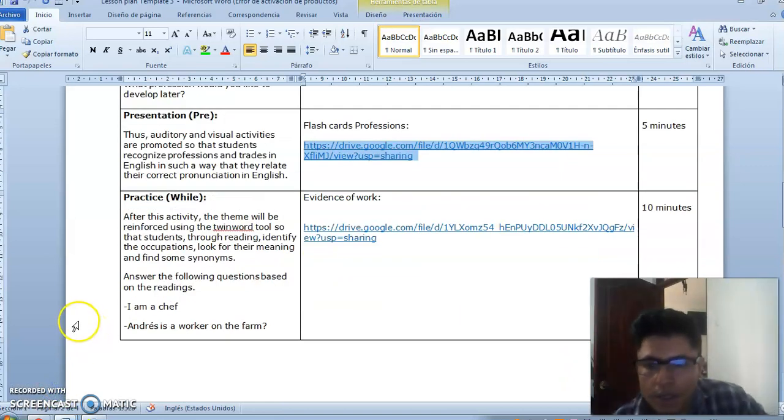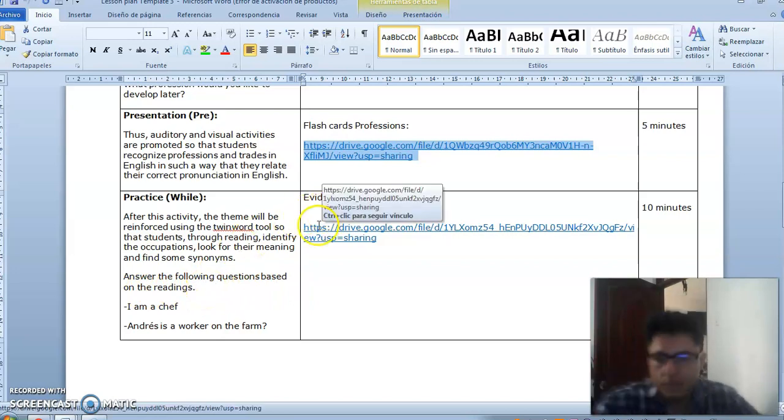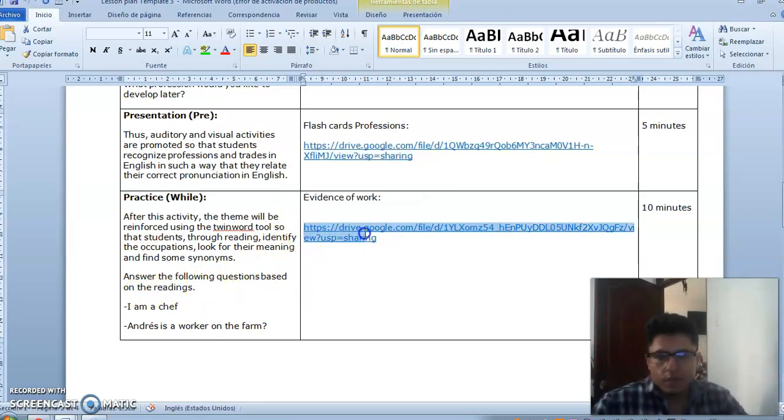Practice: after this activity, the topic will be reinforced using the Wordwall tool so that students through reading identify the occupations, look for the meaning, and find some synonyms, and answer the following questions based on the readings. Okay, teacher.